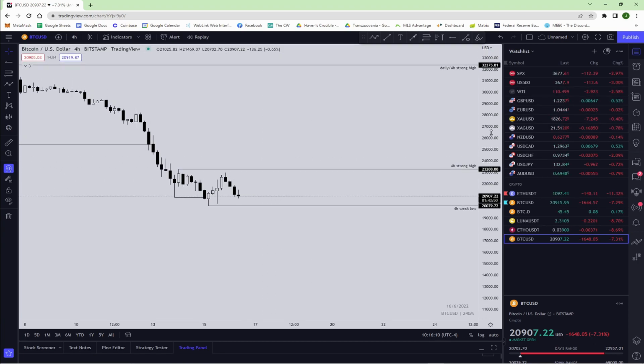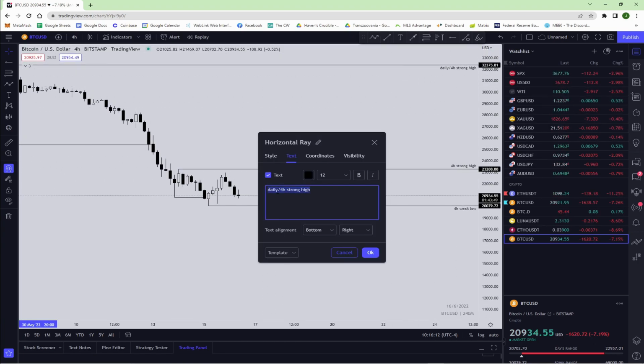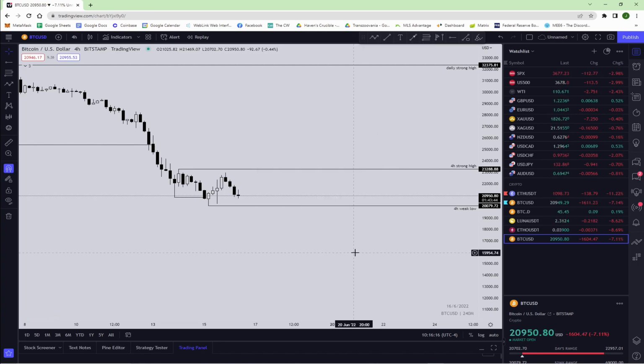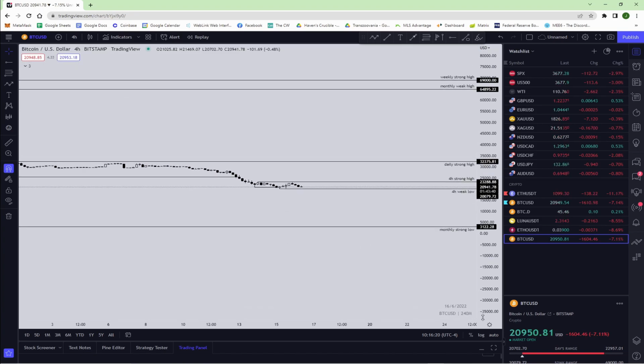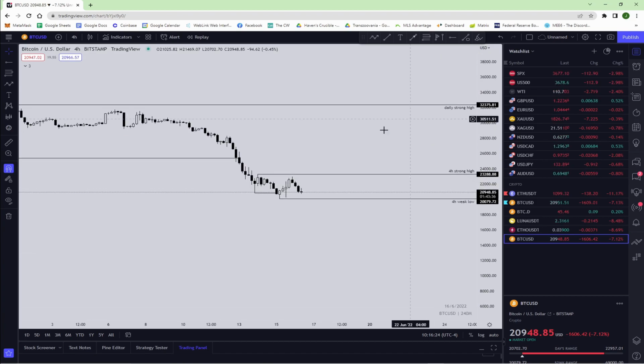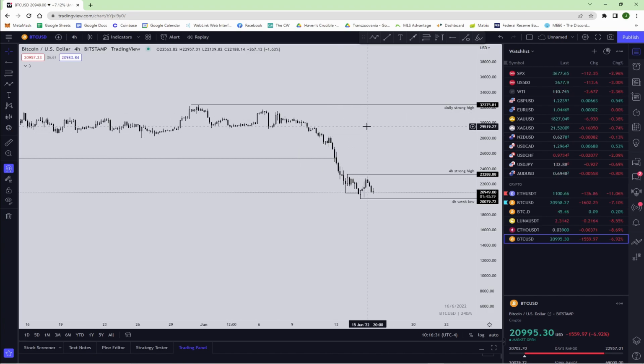Now, if you're looking for a higher time frame confirmation, we do have a daily strong high up here, and then a weekly strong high way up here. I wouldn't be too worried about that right now, but we do have a daily strong high up here that hasn't been tested yet that we could potentially break.